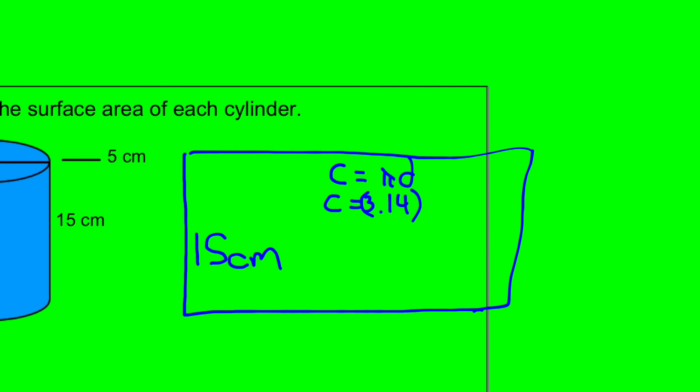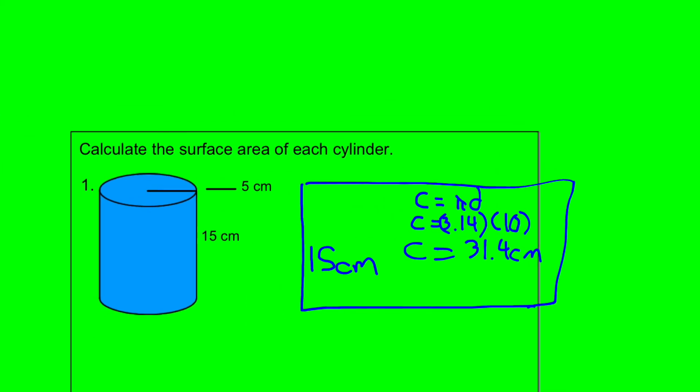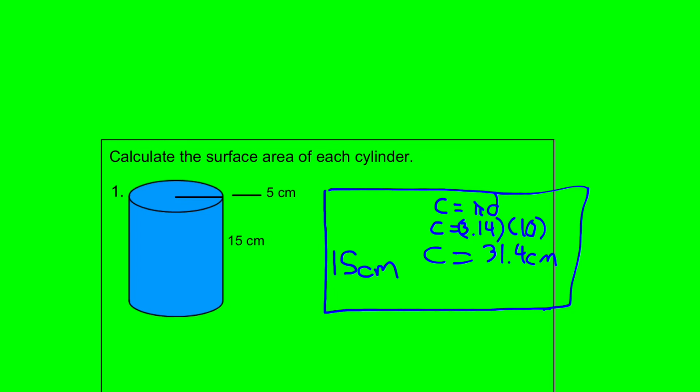We multiply that, and we get the circumference of the circle is 31.4 centimeters. So that means we've just figured out the distance around that circle is 31.4 centimeters, and that distance is the long side of the rectangle. So we would say the length of this rectangle is 31.4 centimeters.